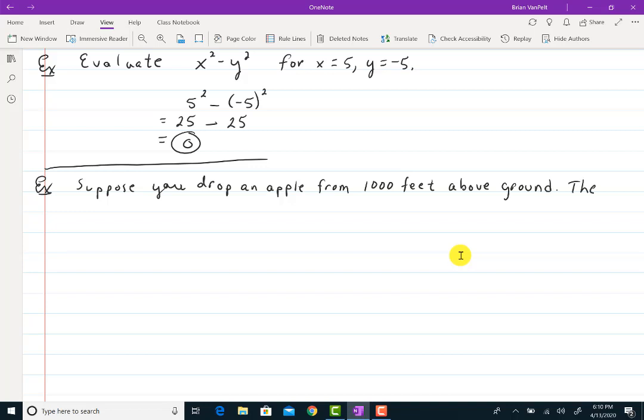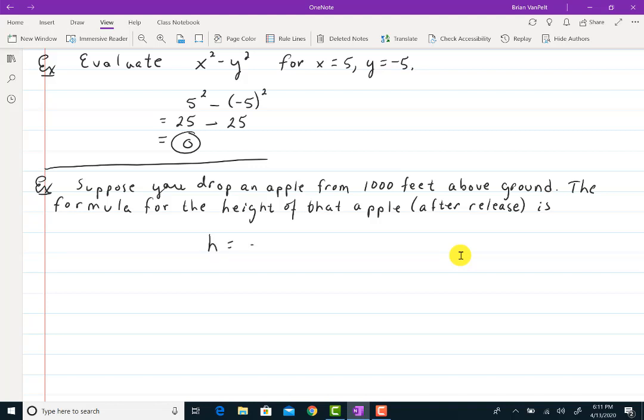The formula for the height of that apple, this formula only works after the apple is released. The formula is given by this.